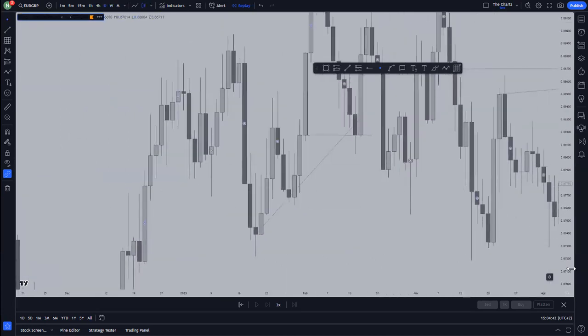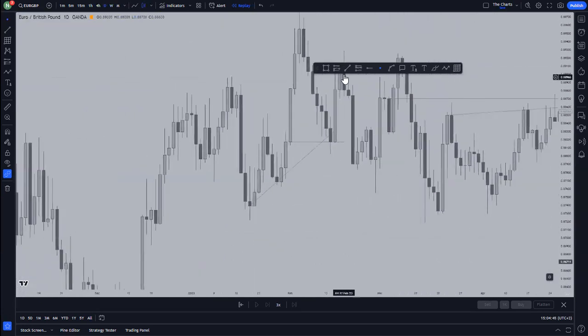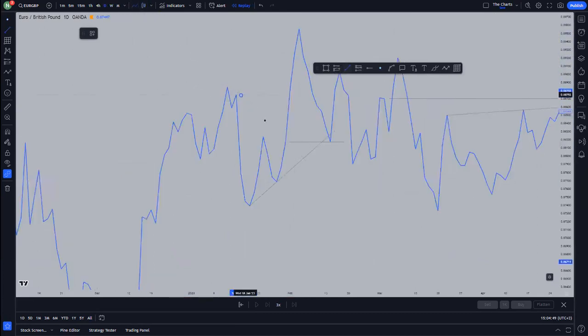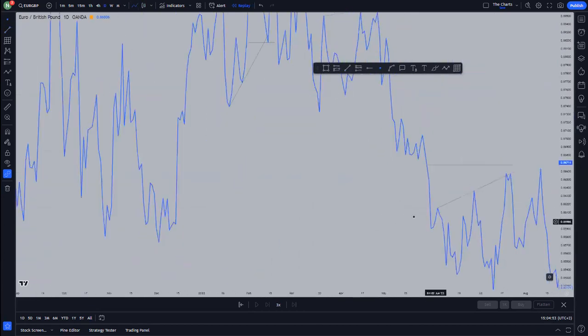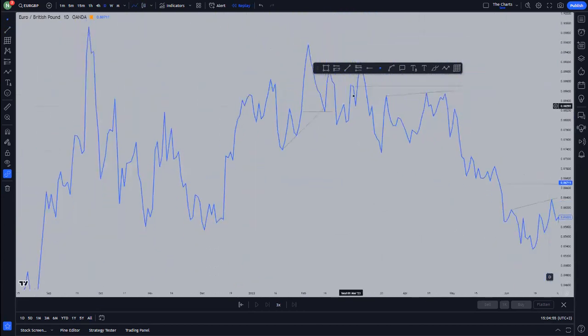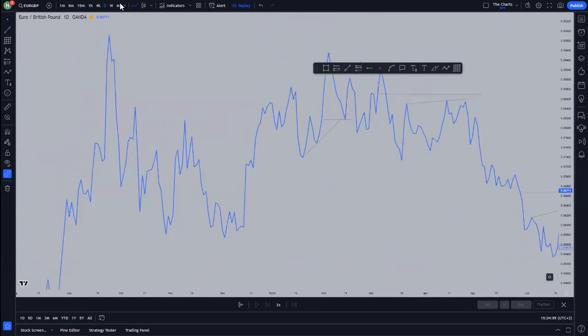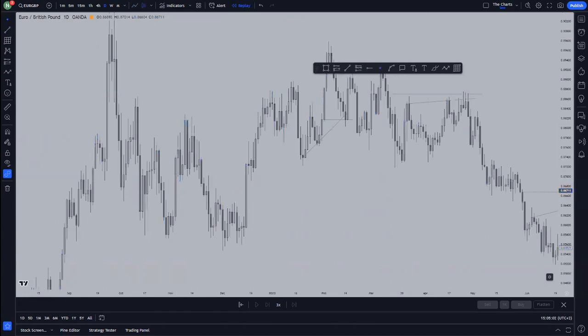Then again here, you can see that there is a trend line right here. Sometimes the market might even react from a trend line just like this from far away. But from my side, I don't want that. I don't want my chart to be clumsy.